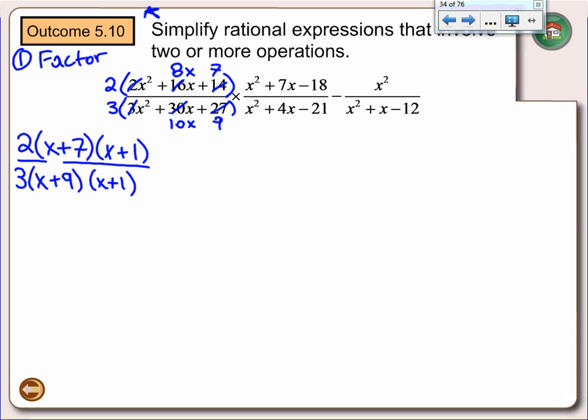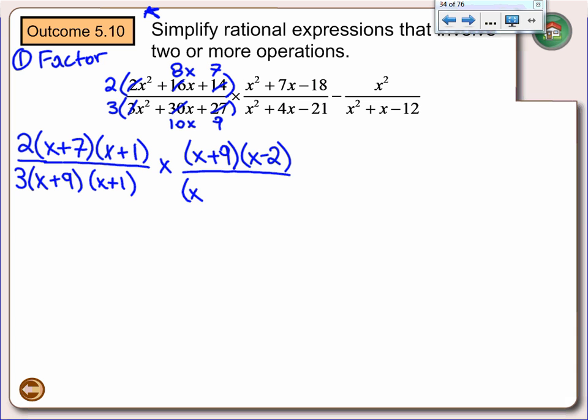The second fraction factor is going to be x. Things that multiply to be negative 18 and add to be 7 would be x plus 9, x minus 2. On the bottom, things that multiply to be negative 21 and add to be 4, we're going to get x minus 7, x plus 3.